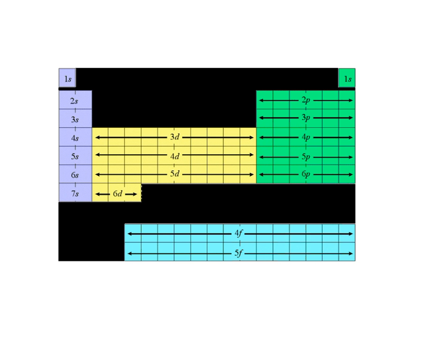So as we can see right here, the first 2 groups, that is the S block. The transition metals, that's the D block.